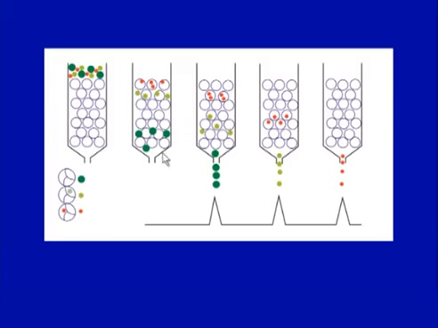They are moving at different rates, the larger moving out very fast, the intermediate moving at a relatively slower speed than the larger ones, and the smallest one moving at the slowest speed. As the column runs and as time passes, the first to elute is the larger one, and you get a separate fraction.